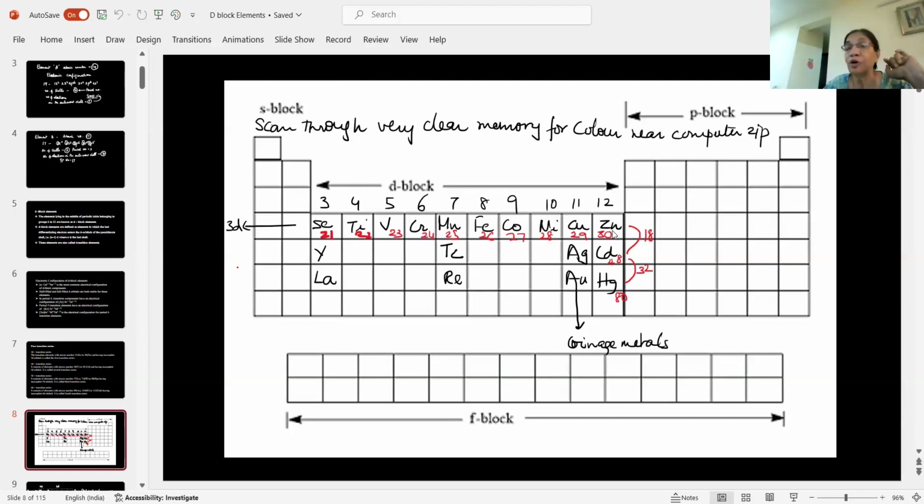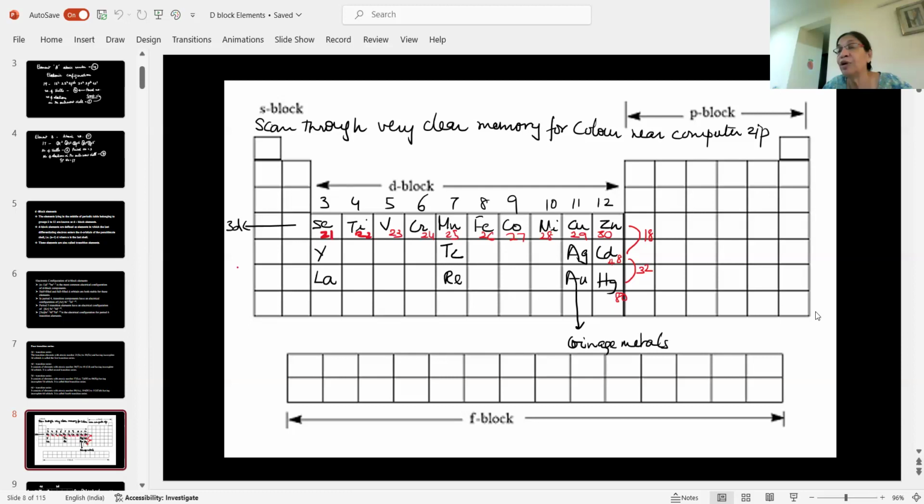Also, there is a question which is asked very frequently, which says why zinc, cadmium, and mercury are not considered as D block elements. Can you tell me, Sanjay, why? Sorry, ma'am, I'm not sure.